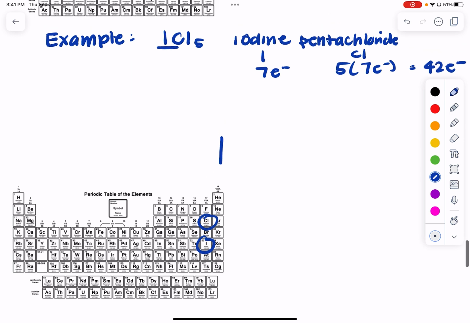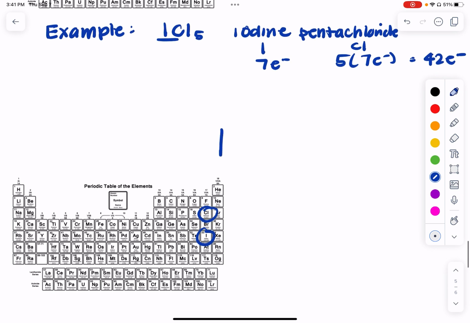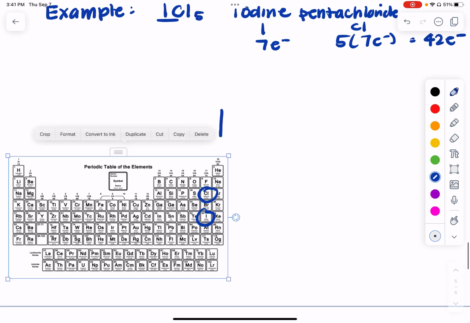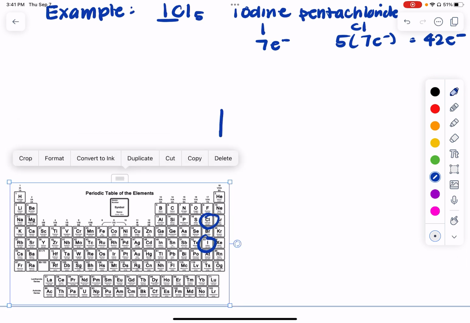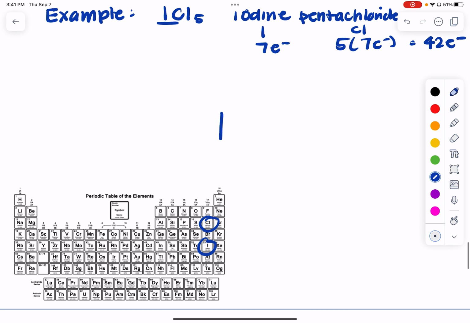So I'm going to put iodine in the middle, and draw its valence electrons as well. It has 7 of them. And then I'm going to put 5 chlorines around, and draw all their valence electrons too.